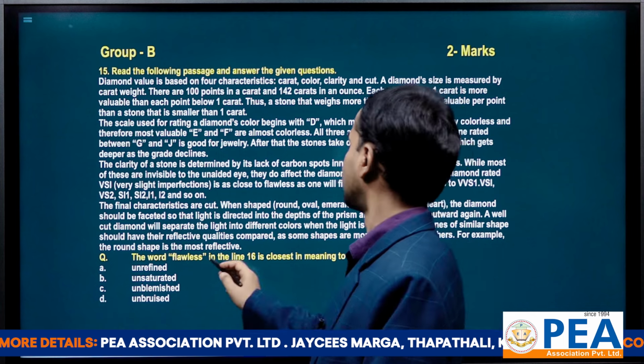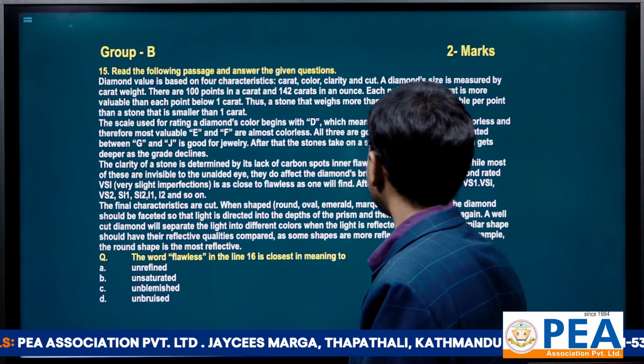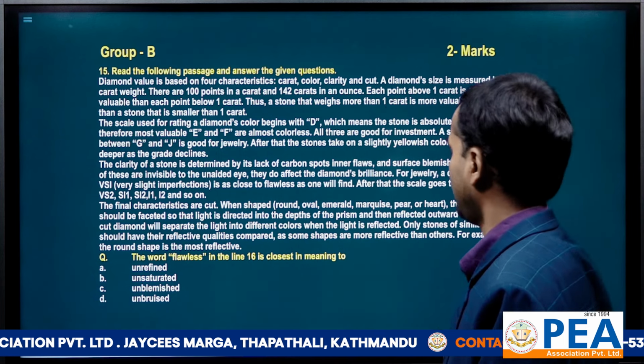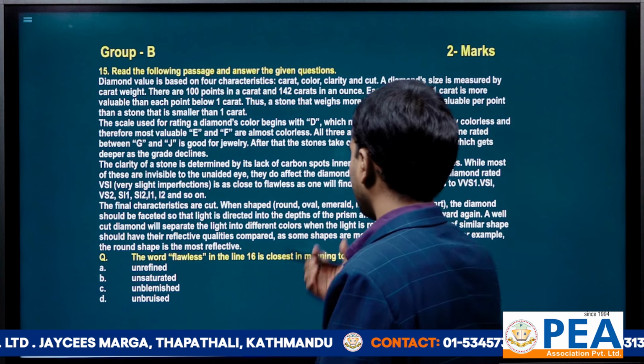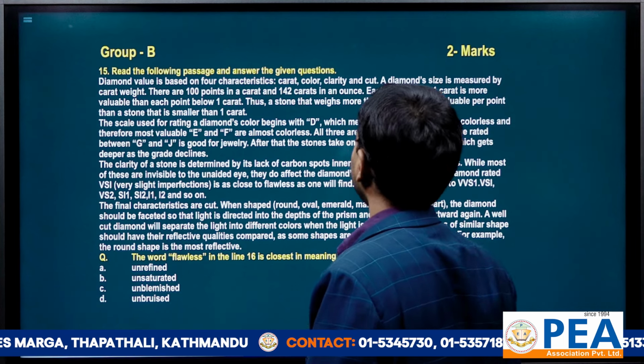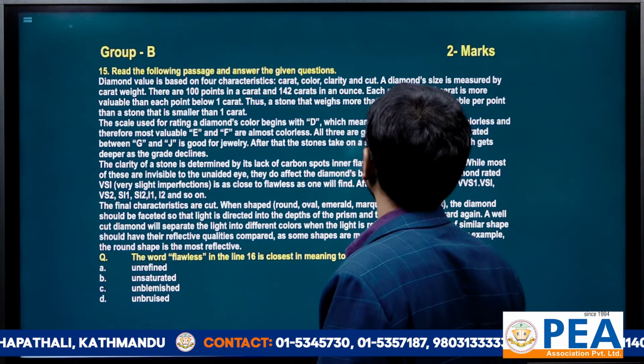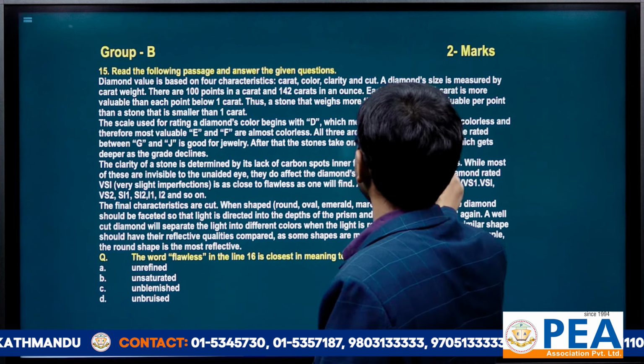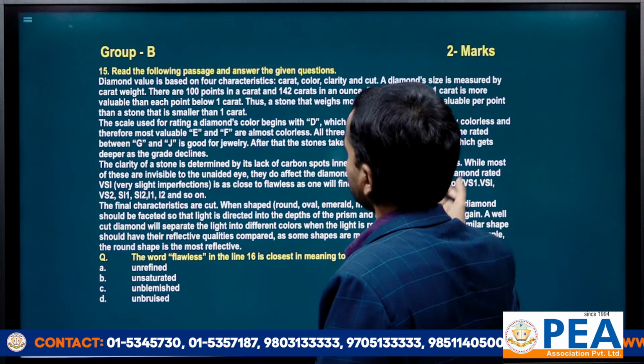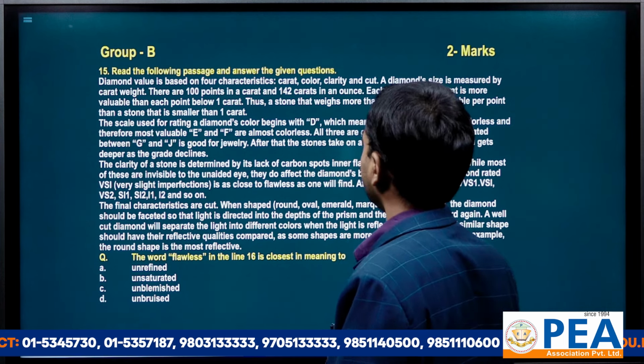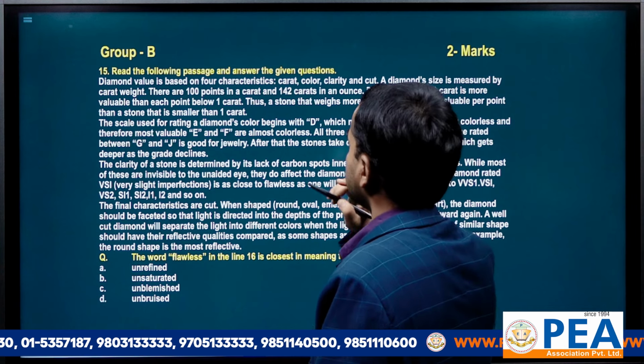The word flawless in line 16 is closest to the meaning. Here with line 16 it will be difficult to find, because when the question was typed, the lines of the sentences were randomized, so you will not find the word flawless in the exact line 16.